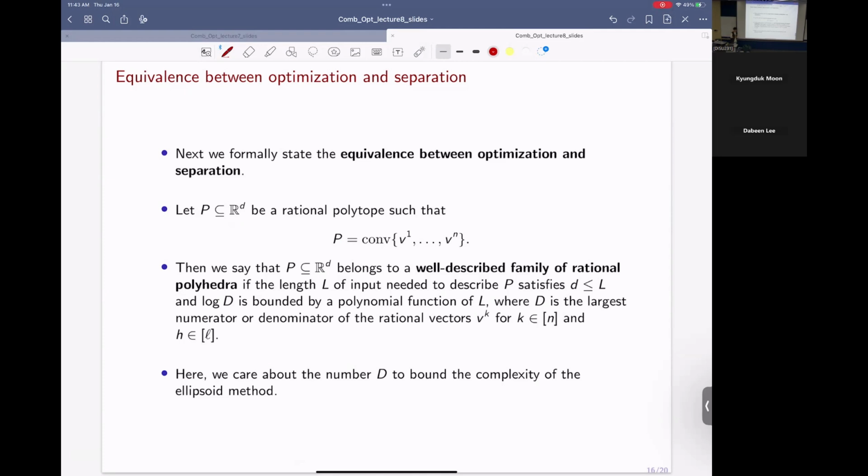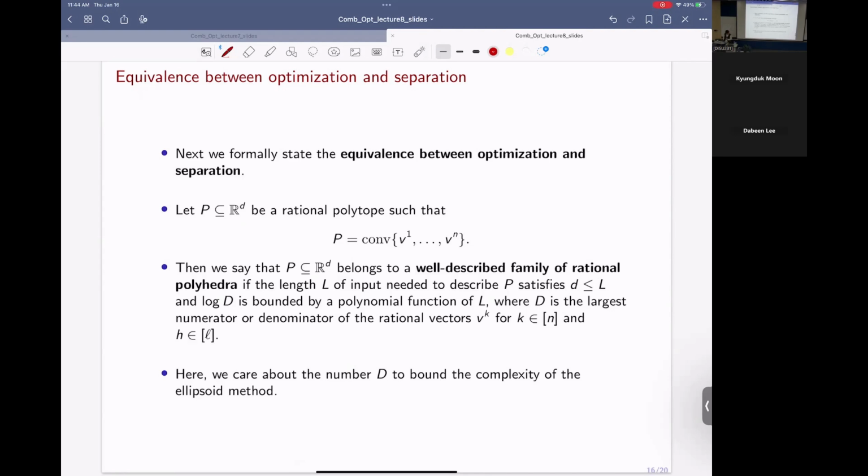Then you can convert the algorithm to an algorithm for the optimization problem based on the ellipsoid algorithm. I'm not explaining the exact details, but that is the statement. Conversely, if you have an algorithm for solving the optimization problem, then you can convert it into an algorithm for the separation problem using the ellipsoid method. That is the equivalence between optimization and separation.